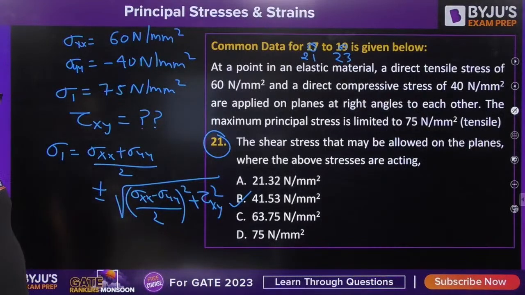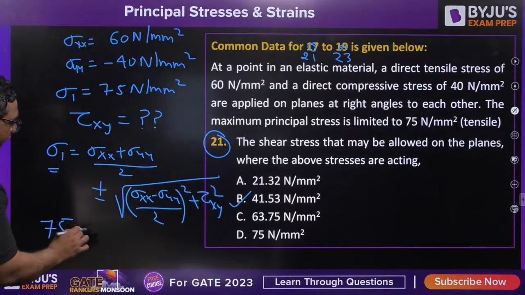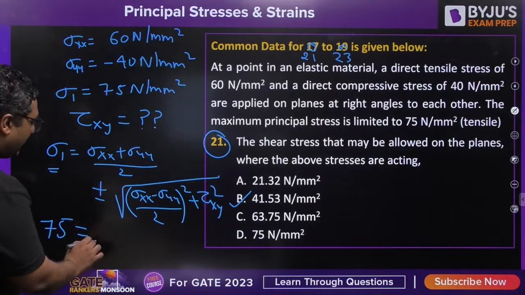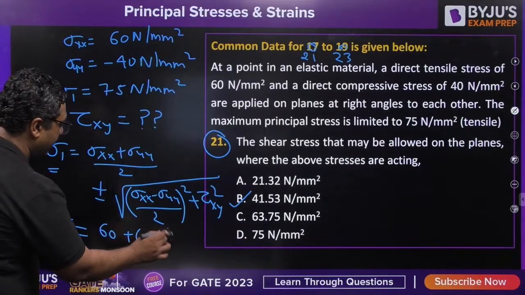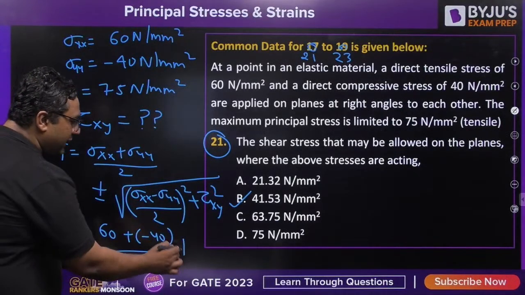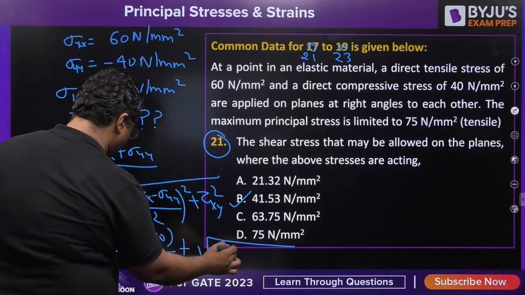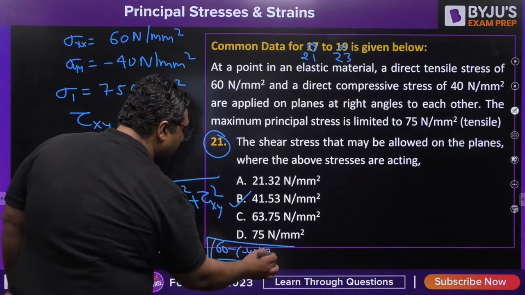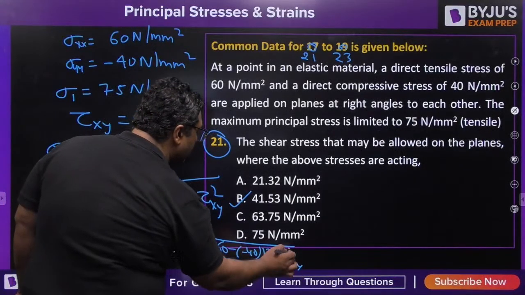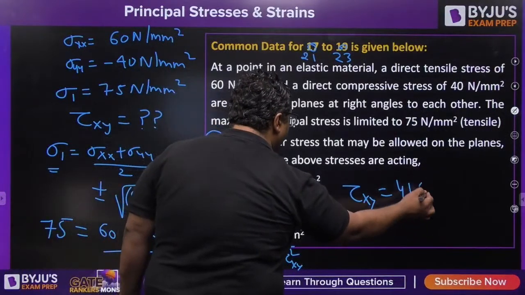So when you put the value of sigma 1, this is going to be 75. (xx plus yy) is (60 plus minus 40) divided by 2, plus the square root of ((60 minus minus 40) by 2) whole square plus tau xy square. You will get tau xy to be 41.53.